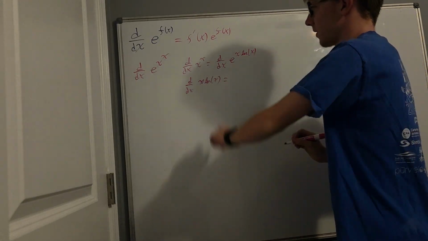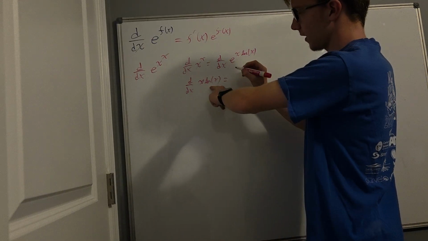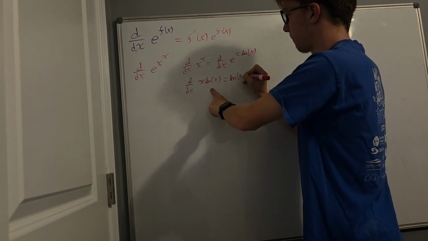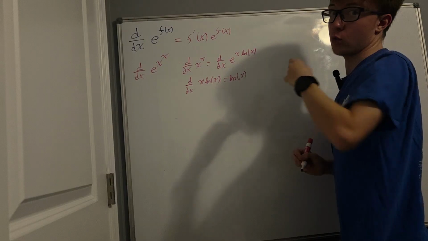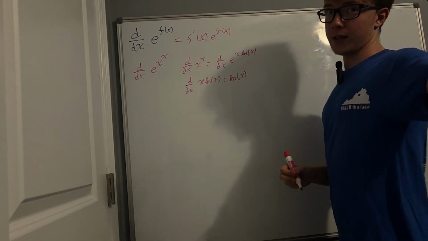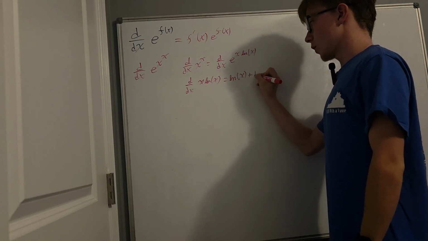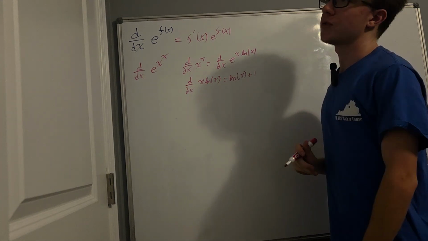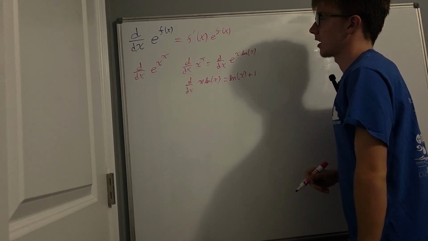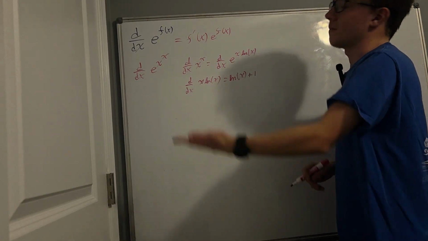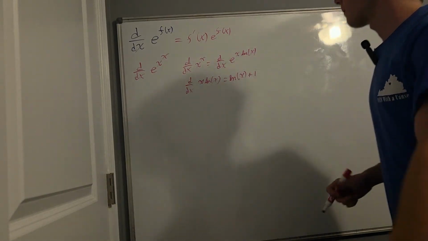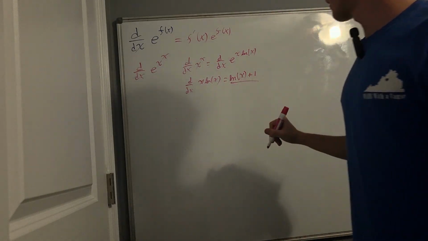Actually, what you do is take the derivative of this one, you don't take the derivative of this, so that's ln of x. Now we keep this, multiply it by the derivative of ln of x, which is 1 over x. So we end up with x over x, which is going to be 1. But also there's a little bit of a domain restriction there where x can't equal 0, which makes sense. We already have a natural log there.